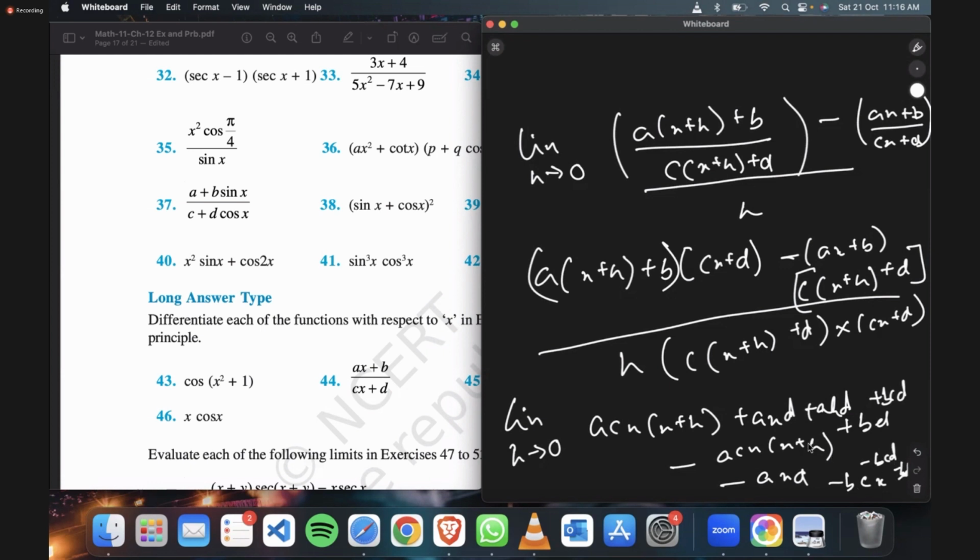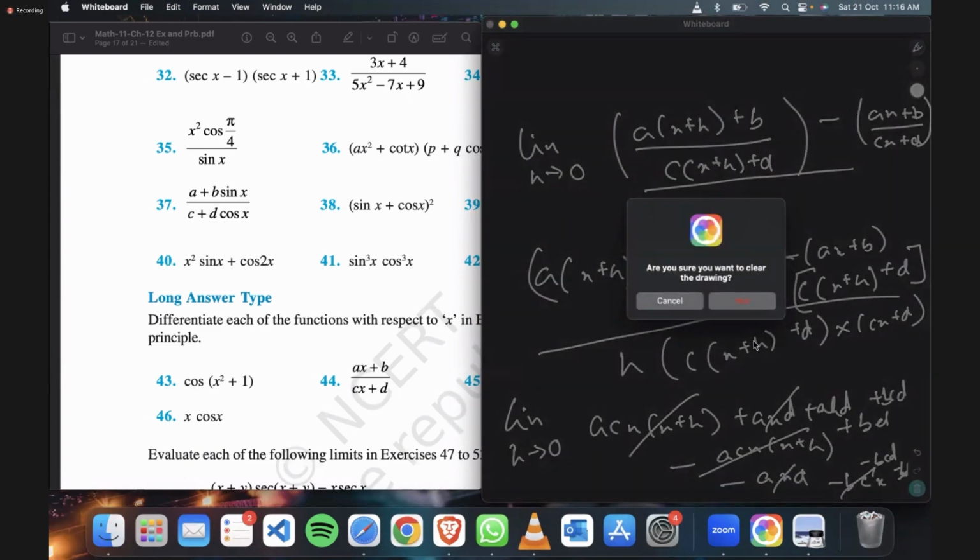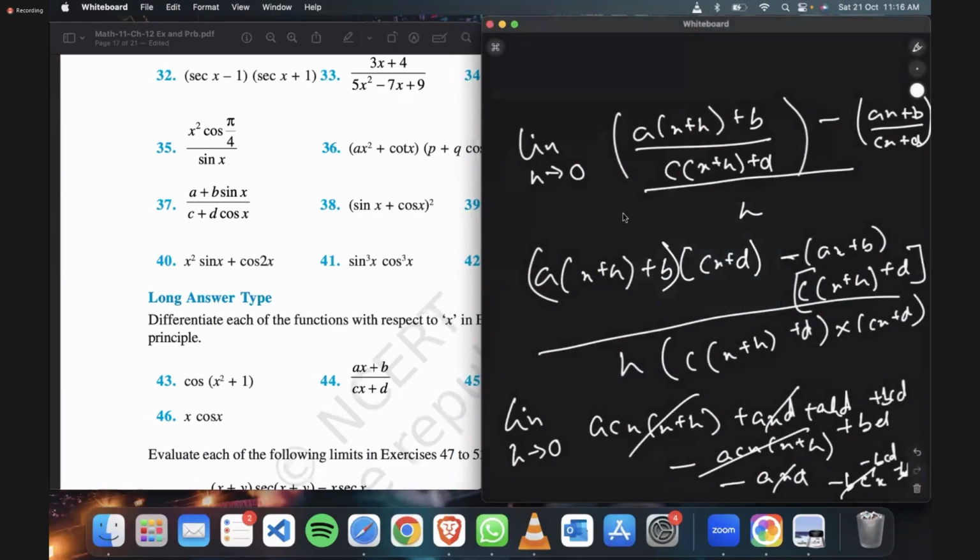I'm just multiplying the whole thing. I'm sorry for this mess. So this is getting cancelled out. axd is also getting cancelled out. bcx is also getting cancelled out. So what am I going to be left with?